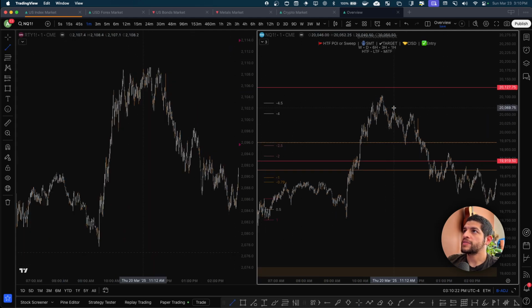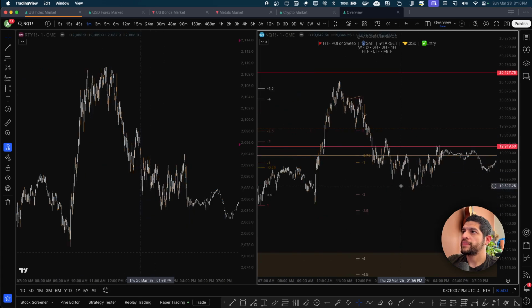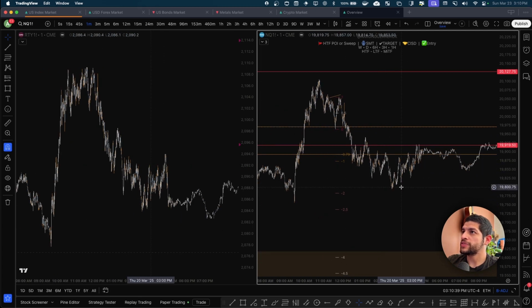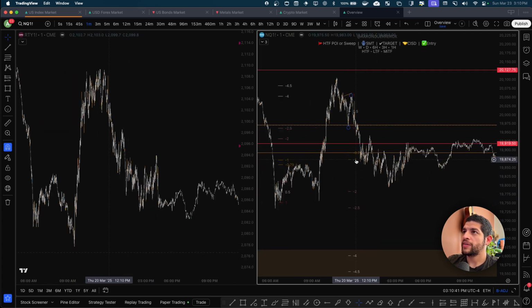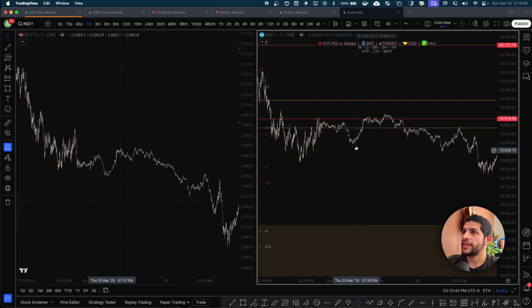I know that we have an SMT from here to here, making this right here a manipulation leg to the downside, right? We don't tap -2 right away, but we consolidate.